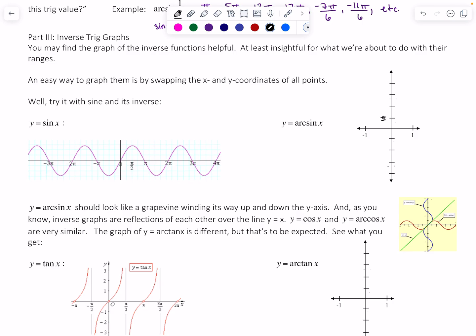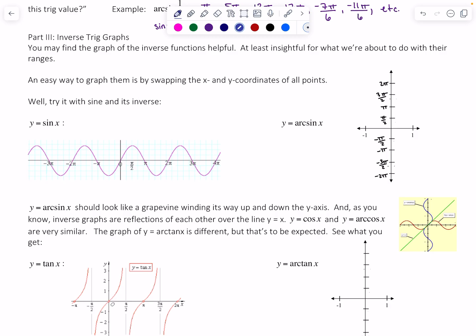So we go up pi over 2 here, this is going to be pi, 3 pi over 2, and 2 pi, and then negative pi over 2, negative pi, -3 pi over 2, -2 pi.